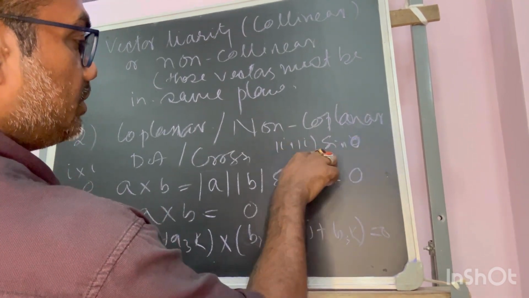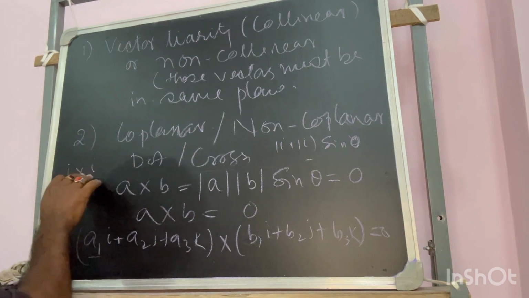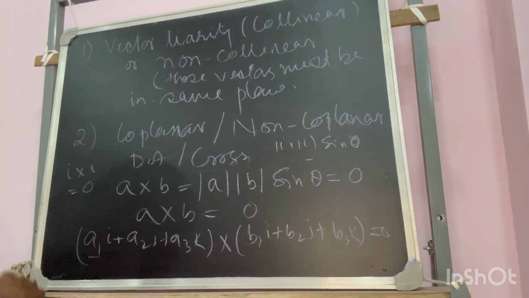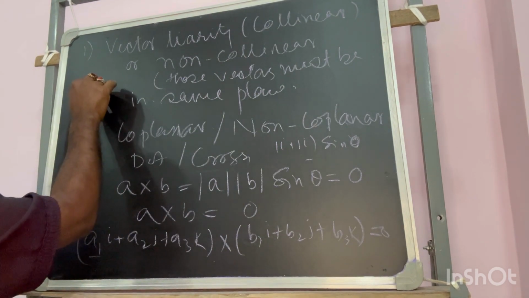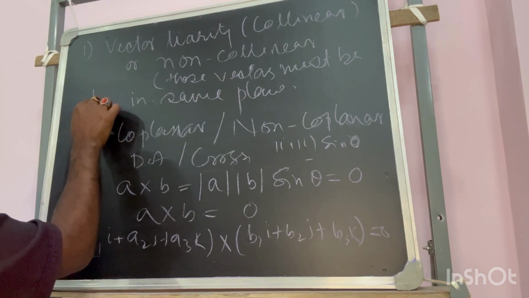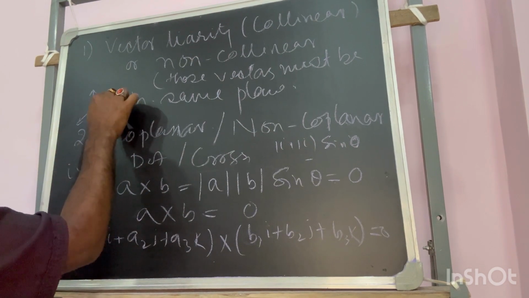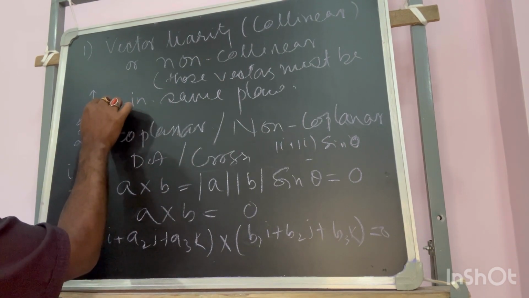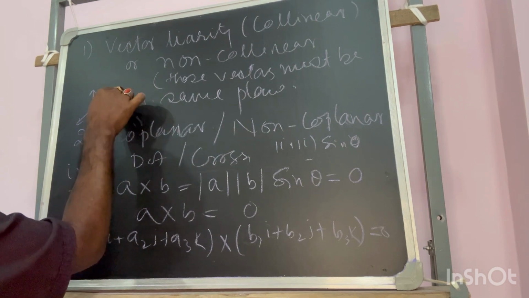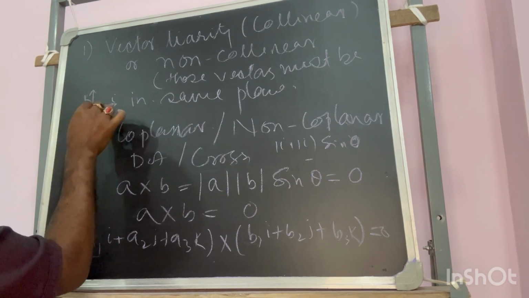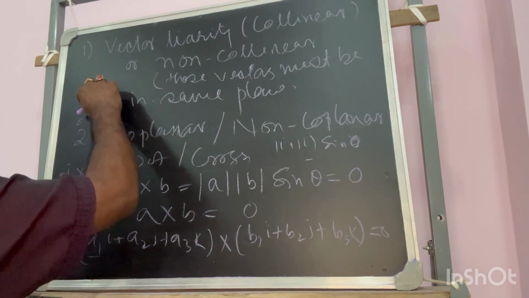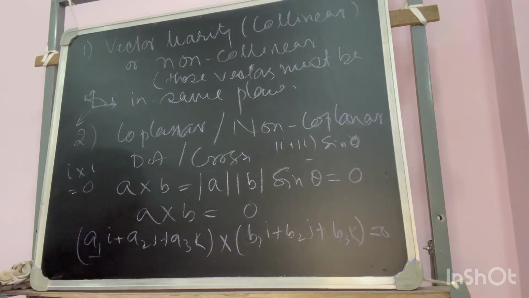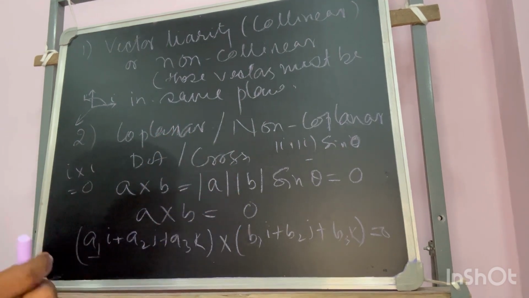Any similar unit vectors multiplied as a cross product will give you 0, and the other ones will give you the value 1, because this follows the Cartesian system. The resultant of i cross k comes in this direction, and it follows the right-hand thumb rule.